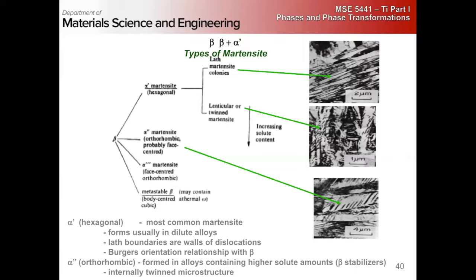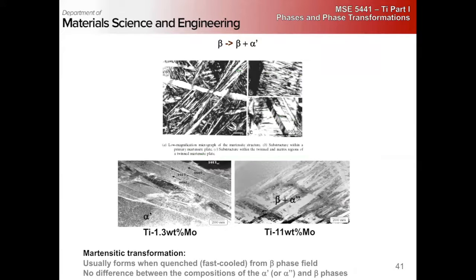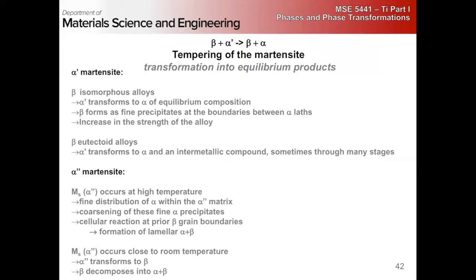So these will transform. They'll be at the same composition as the beta, and then we have to go through a tempering sequence where the different products will change to alpha, right? And then because that comes with partitioning of the beta stabilizers out of the alpha, we'll generally form some new beta in between the newly formed alpha.